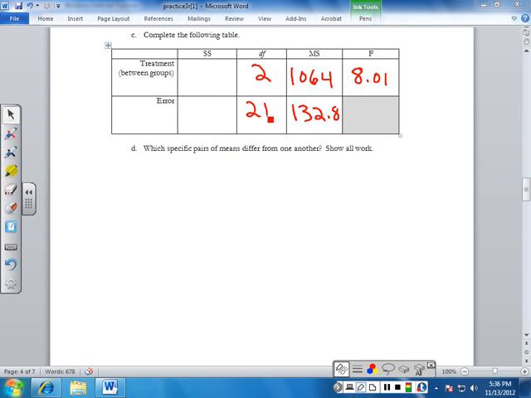And I'd be, at this point, kind of, well, not thrilled, but at least I'd be okay with it if you got that far. So to get the sum of squares, see, this is the mean of it, and the degrees of freedom are what would be in the denominator. So if I want to get the sum of squares for treatment, 2 times 1064, it would have been the same as the numerator when I calculated that, or 2128.